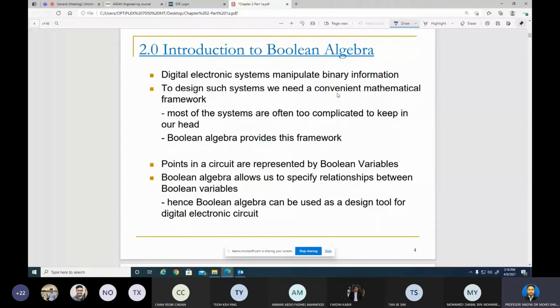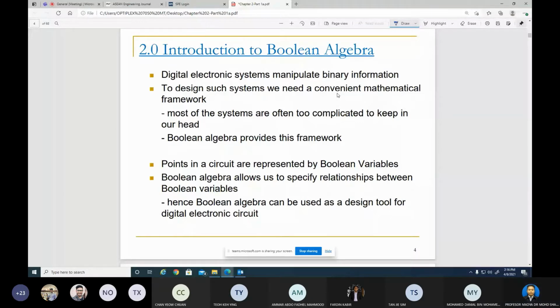That's why we introduce one technique that we call Boolean Algebra, so that we get a good result for the output. Boolean Algebra can be used as the design tool for digital electronic circuits.